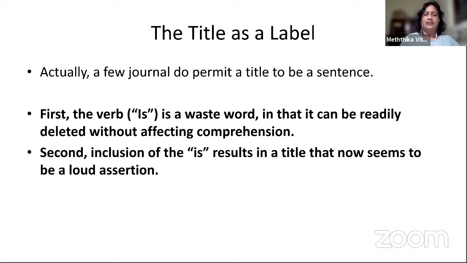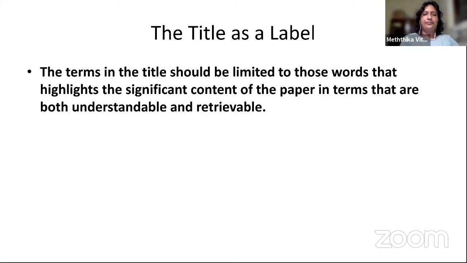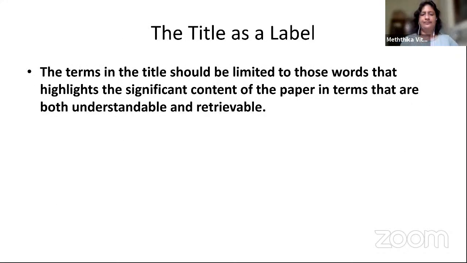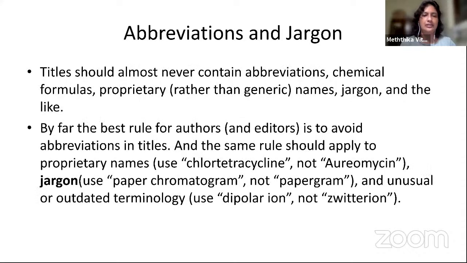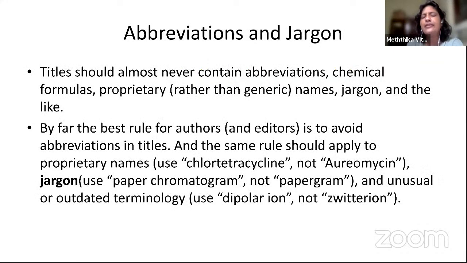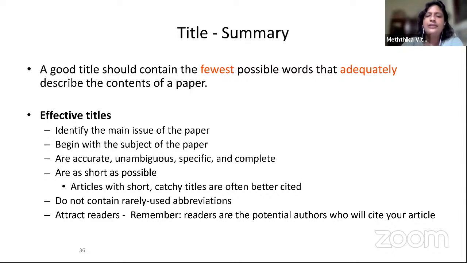And don't put waste words in a title. And don't put abbreviations and jargons. Jargons means technical terms, very technical terms, don't put. Abbreviations, don't use in a title. And it should have the fewest possible words, as I told you, less than 20 words.